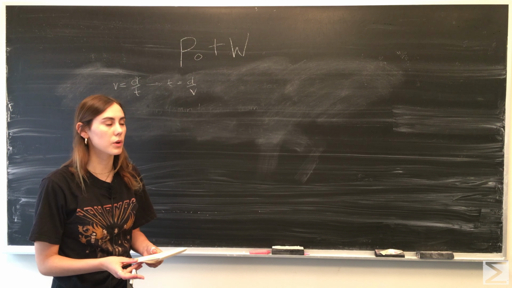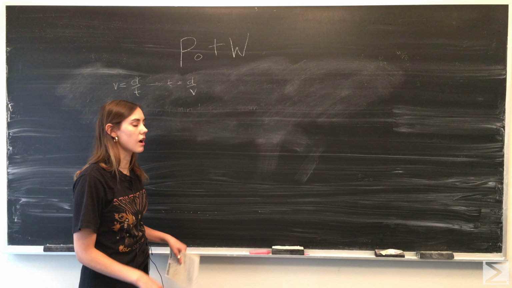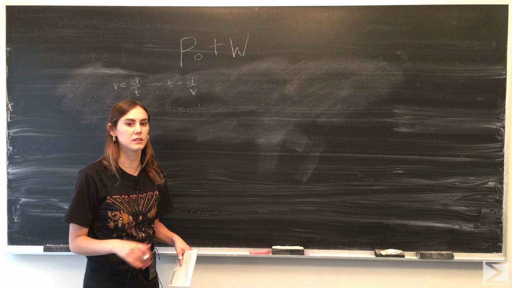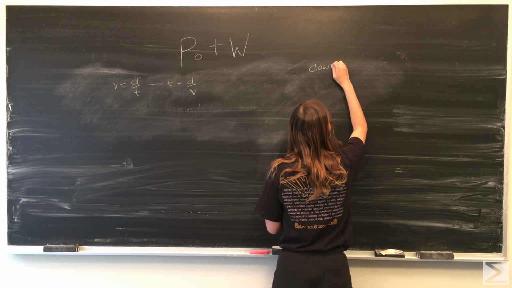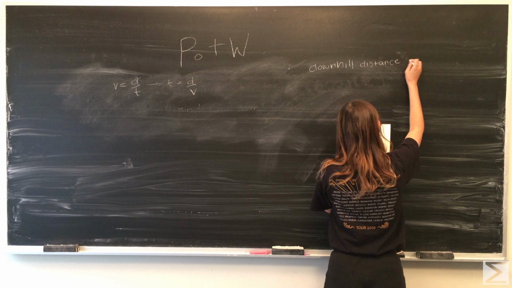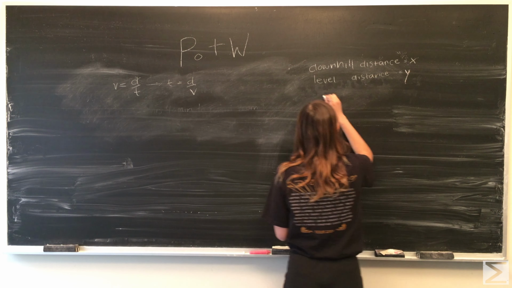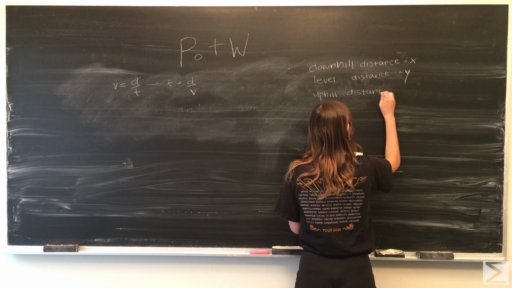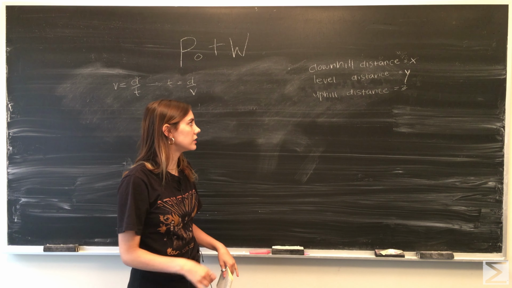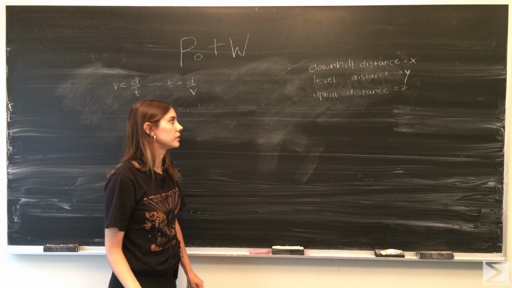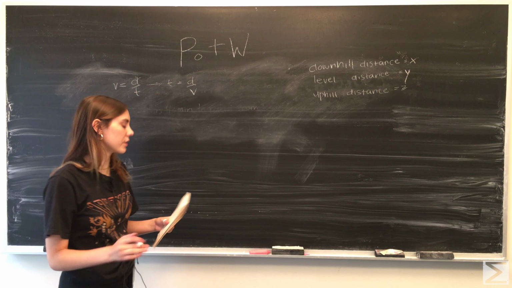And what we're going to do is create variables for each respective distance of the uphill, downhill, and level surface. So now we have variables for downhill distance, level distance, and uphill distance, and we're just going to write out some equations for the trip there and the trip back.